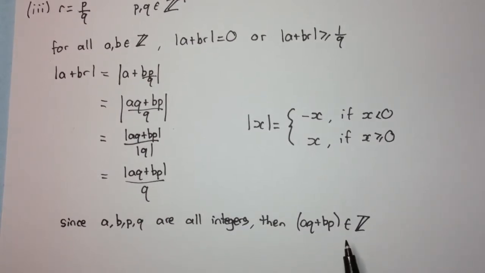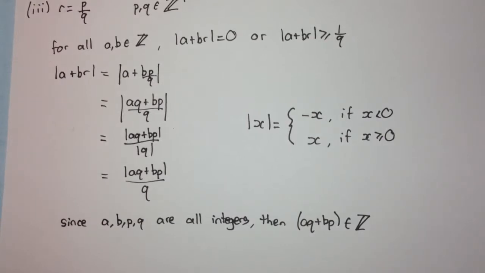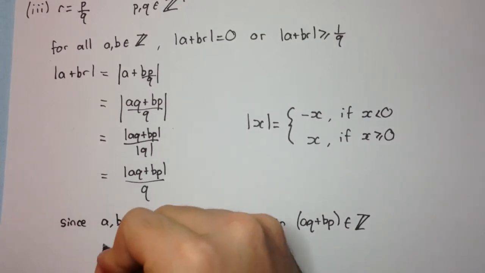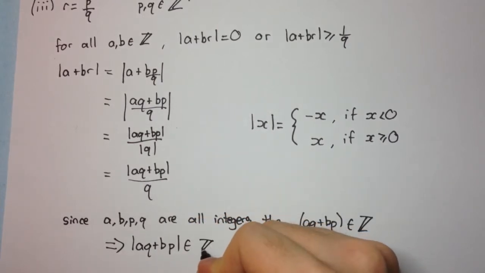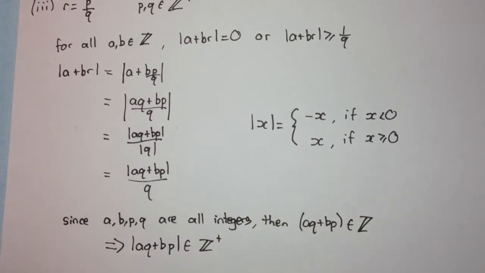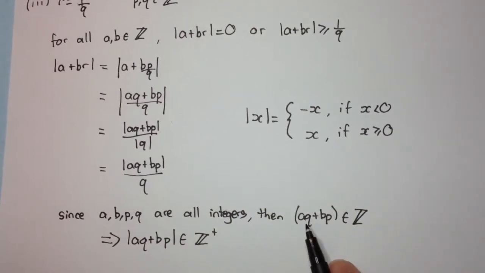Okay, so if this is an integer, well then its absolute value is certainly an integer, and we can even say that it's a positive integer, because absolute value will make it always positive. So this automatically gives us that the absolute value of this is going to be an integer, but it's going to be a positive integer, because this could take values of -10, and when we take the absolute value, it's going to be +10.